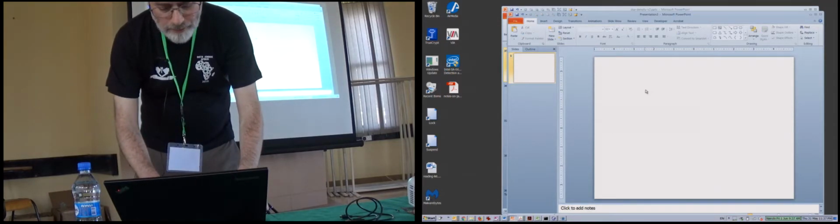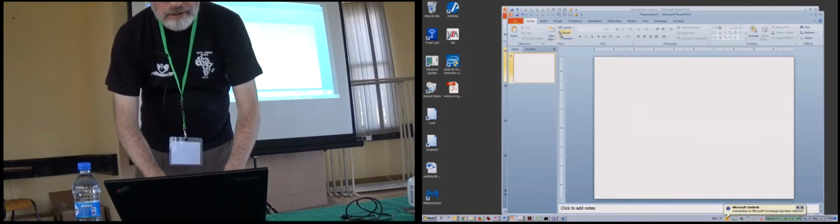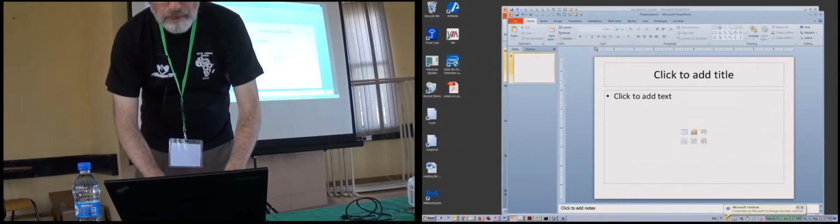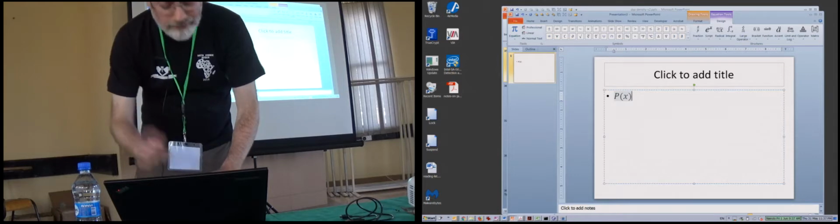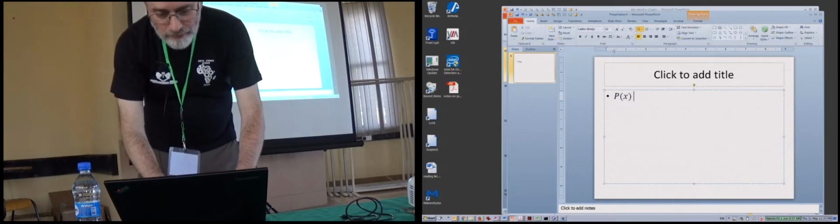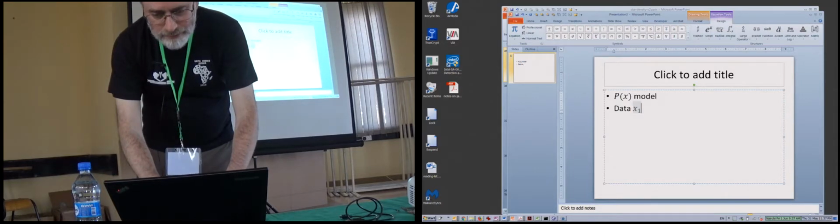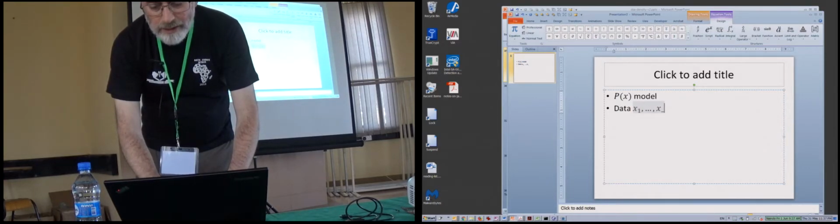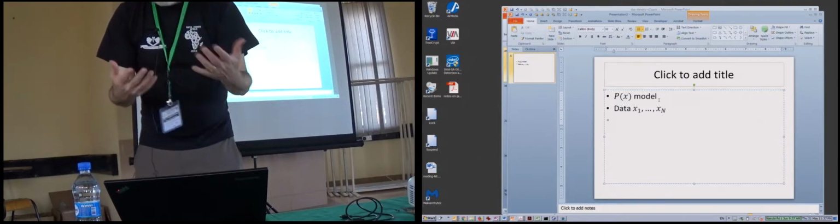Right. So the standard measure we use: suppose we have learned a probability density p of x, and this is our model. And then we have a bunch of data, x1 up to xn, data points. How can we evaluate whether our probability model is good?